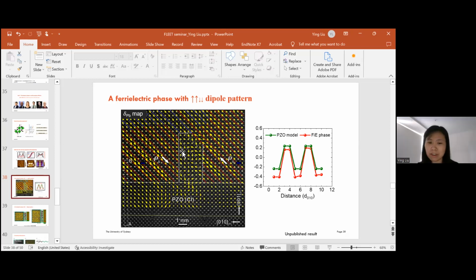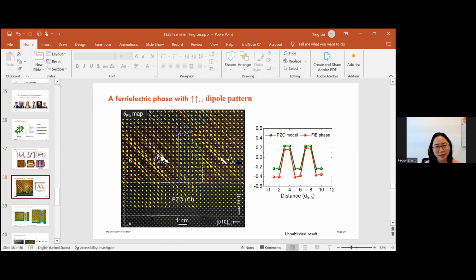We did observe two types. This kind of stair-like, 90-degree, and also this kind with different magnitude.